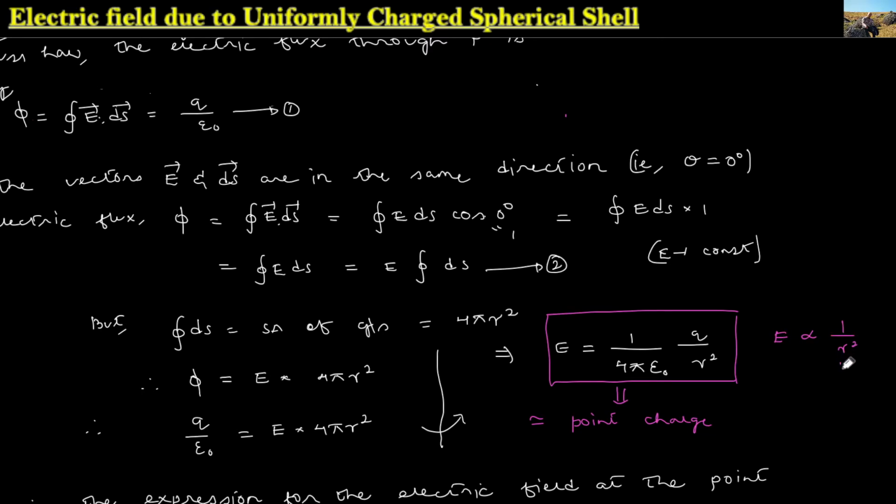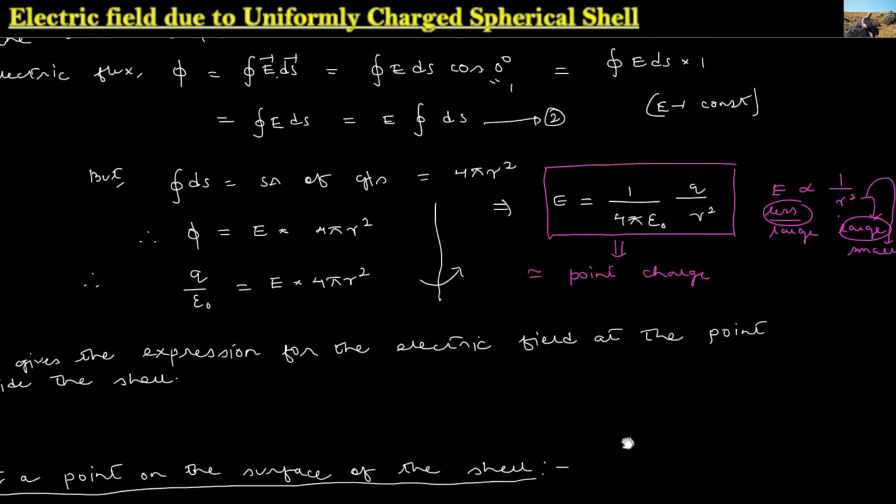If r is large, E will be less, and when r is small, E will be large. So these are the physical interpretations of different cases.